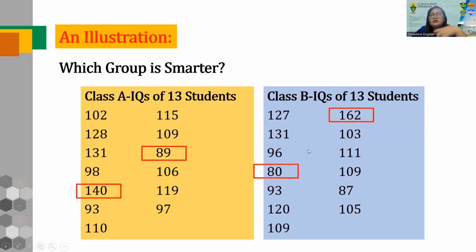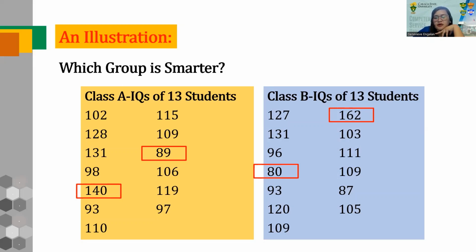Okay, so unsaon man nato siya pagkahibalo, no? Kini mas taas man ang highest, kini mas taas pud ang lowest. So dira mosulod ang atong measures of central location. So we need a specific number or value to represent our data, no?